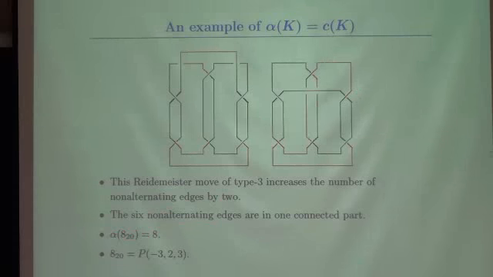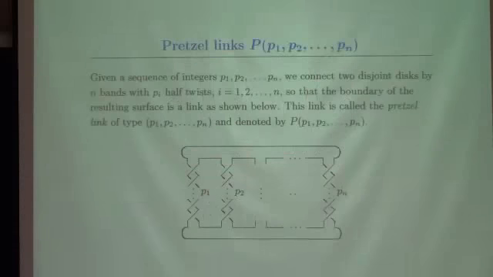And so we go into the main topic, the pretzel links. So a pretzel link of type P1, P2 through Pn is a link which has a diagram of this form.